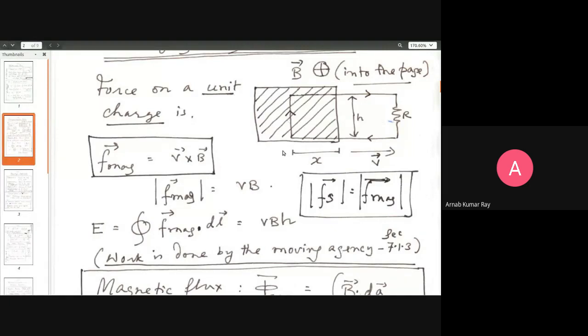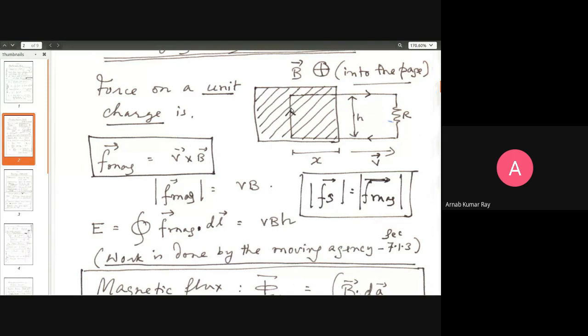Okay. But if this wire loop were to be static, this is the most crucial point. I ask you all to be extremely attentive on this question. If this wire loop were to be static, then v is 0. If v is 0, then the charges in this wire loop are also static, stationary, they are not moving.